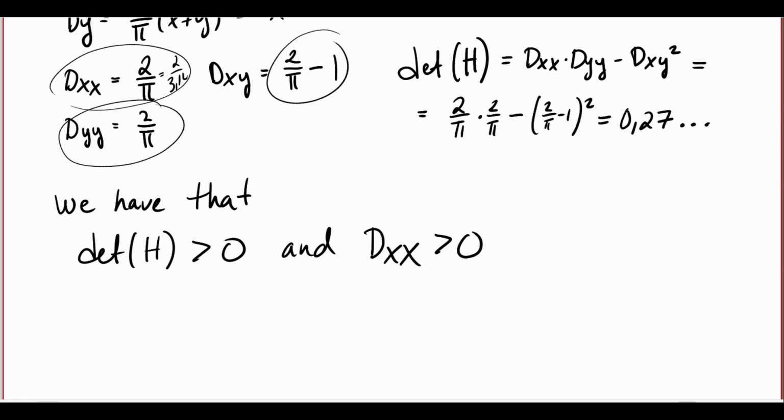So this is obviously larger than 0. So this means that we have a minimum point.